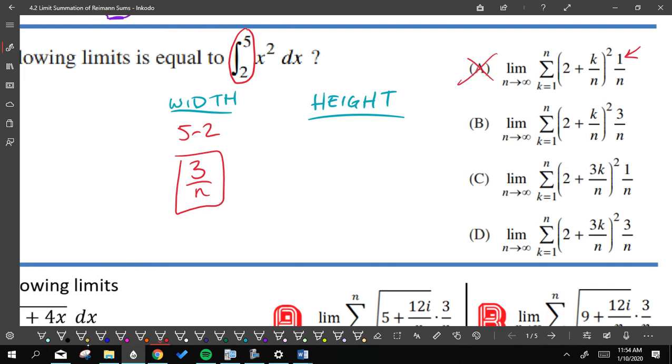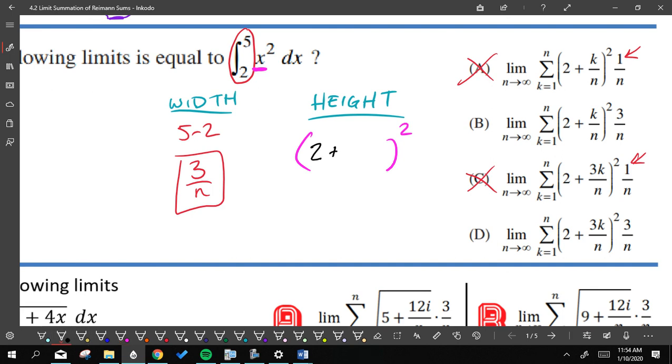Then we're going to find the height. To find the height, we are taking my function, which in this case is x squared, and we're going to start with my lower bound and add my width. So what's my lower bound going to be here? 2. We're starting with 2, and we're going to add my width, which is 3 over n times whatever rectangle we have.